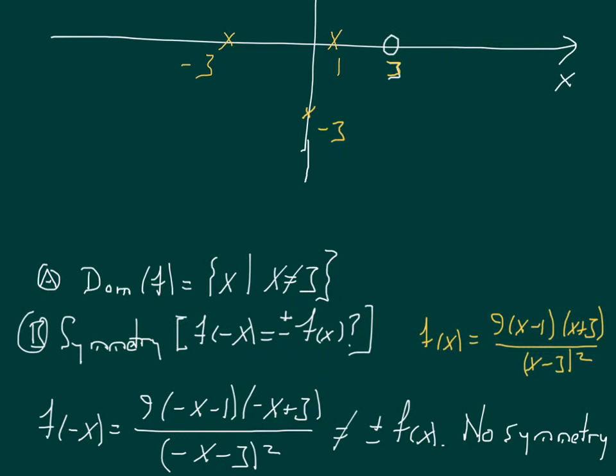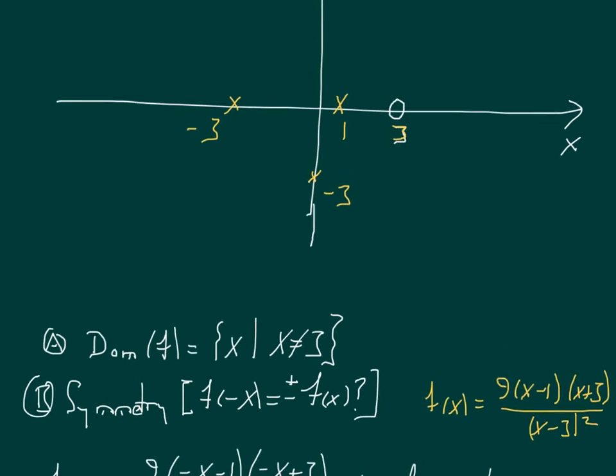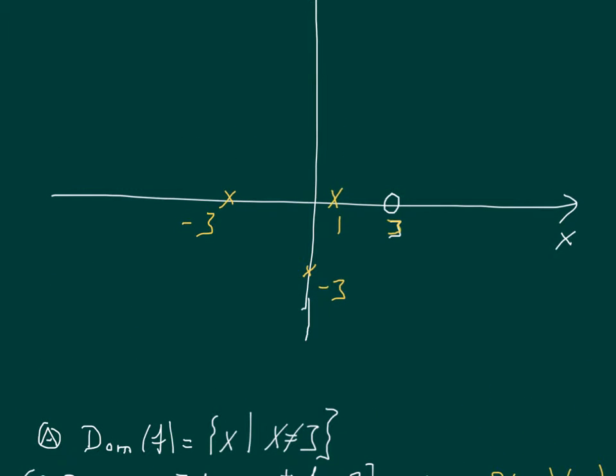Okay, so this tells us at least a little something about the graph of this function already. We're going to cross the x-axis here, and we're going to cross the y-axis here, cross the x-axis here, and it's not going to exist here. All right, so that's some information which is helpful. All right, so let's continue.